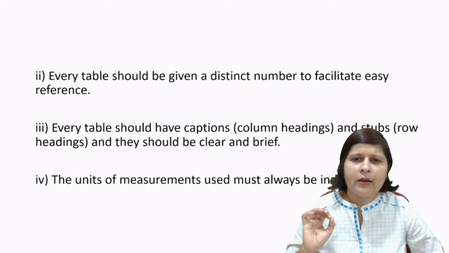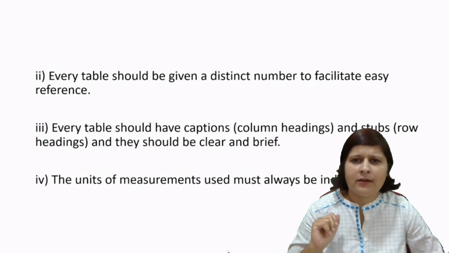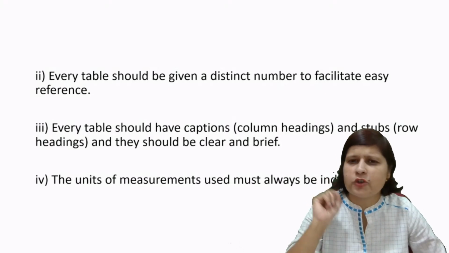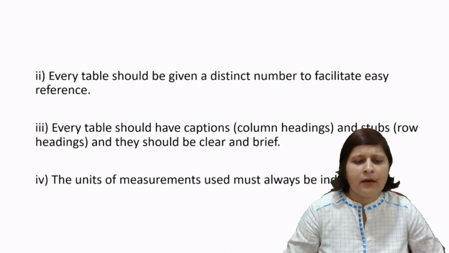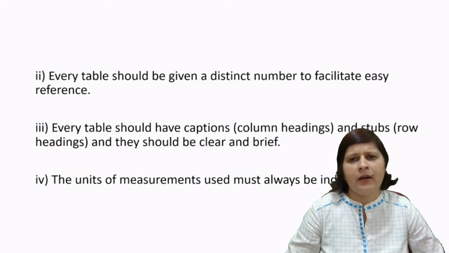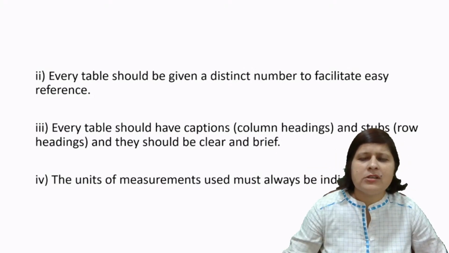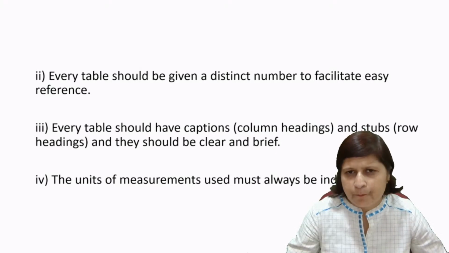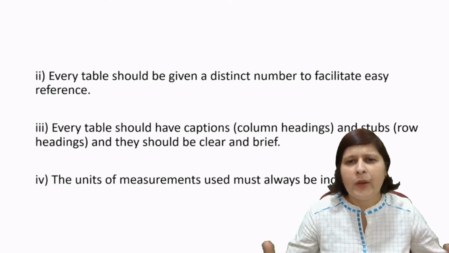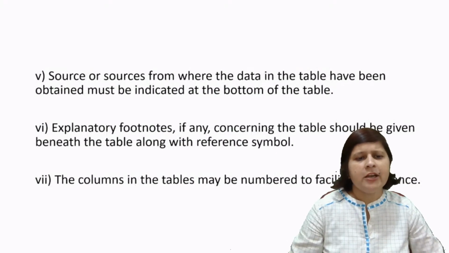Like if you are measuring height, whether it is in centimeters or in inches, it should be mentioned, it should be indicated in the table, whether this height is in inches or in centimeters, whether it is in kilos or pounds, right?